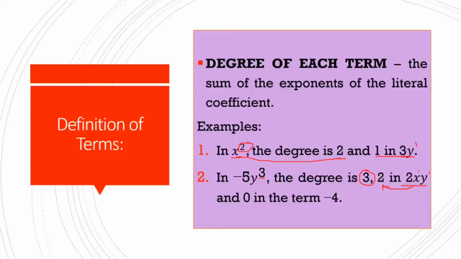Since they are together, they are only one term, we have to add its exponents. So 1 plus 1 is equal to 2, which makes its degree 2. And for negative 4, its degree is 0. Why? Because it doesn't have a literal coefficient, so its degree is 0.